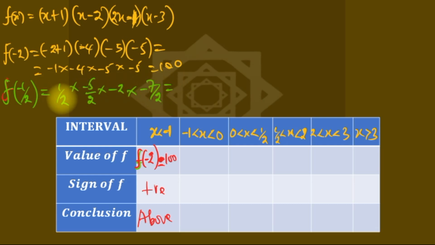So let's see what we get. As minus 35 over 4. Yes. So we tested f of minus half, and it gave us minus 35 over 4, which is negative, which means below.